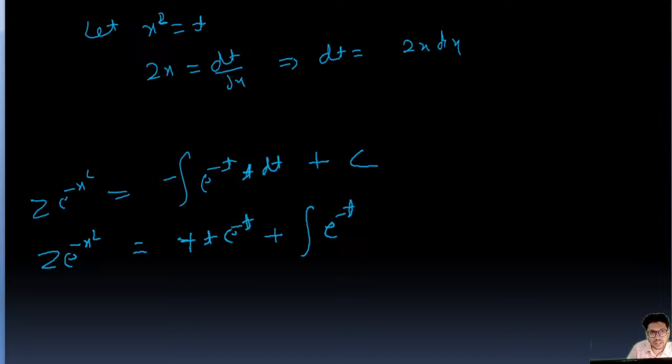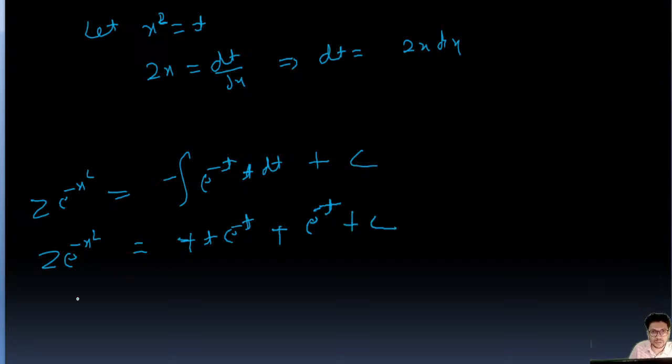Okay, so I'll integrate again. So it is going to be minus e to the power minus t. Okay, minus plus, because minus plus, and this is the minus, then this is going to be plus. So e to the power minus t, plus this, plus c.